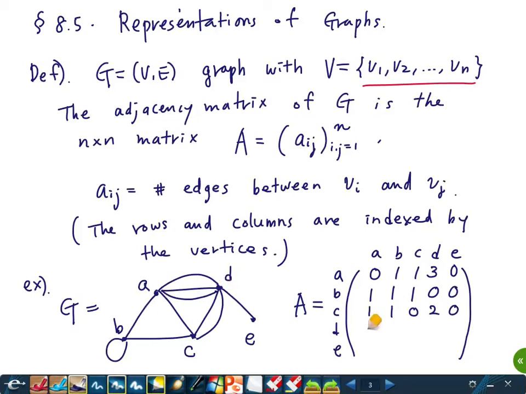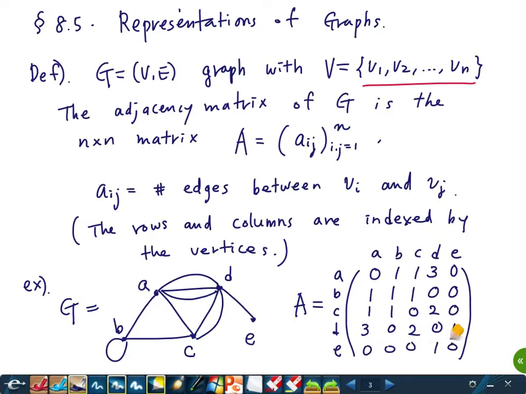E and A, there are 3 edges. E and B, nothing. D and C, 2. D and D, nothing. D and E, 1 edge. E is only connected to D by one edge, so it's 1 and zeros elsewhere.